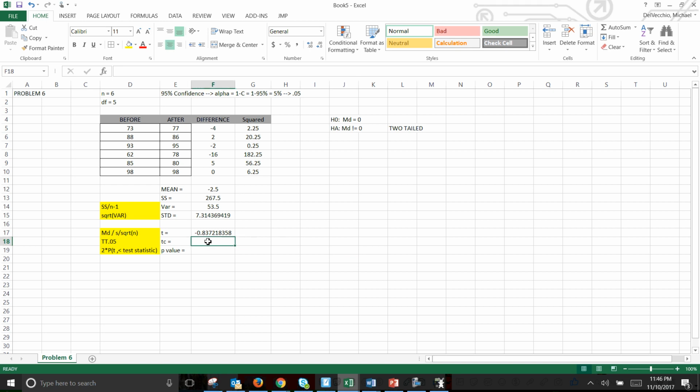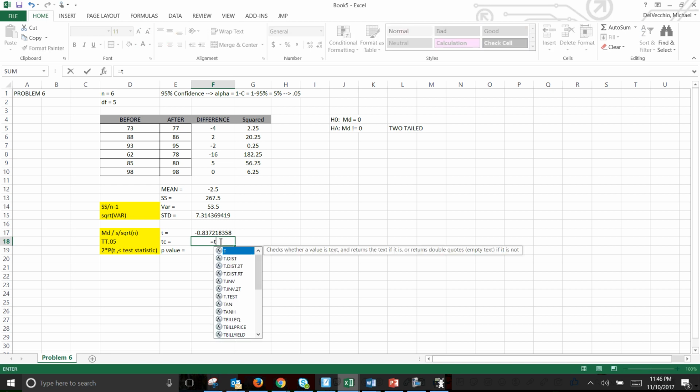But we can also use the t distribution. So if I look up equals T.DIST.2T, those are two tails. It wants my, no, actually, I'm sorry. We know the area to the left of the t-statistic, so we're going to use the inverse two-tail.